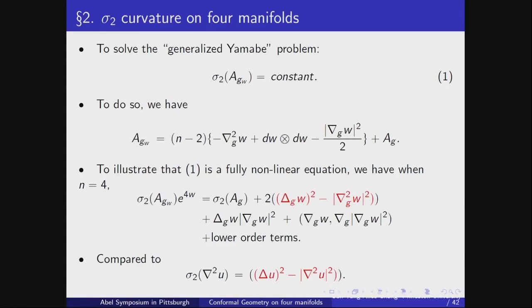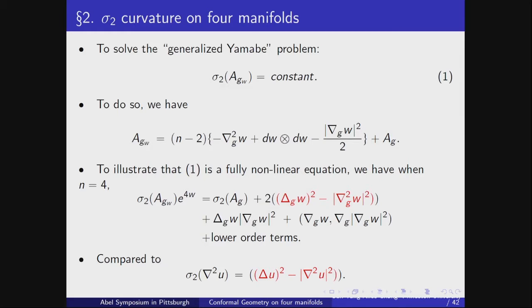Under conformal change, this Schouten tensor has as leading order term the Hessian, the second mixed derivative of w, plus some first order combination. So using that, one can see sigma 2 of A_{g_w} is this term. The leading order term turns out to be Laplacian squared minus Hessian squared, plus some second order, first order combination. So we are going to study the PDE under conformal change.